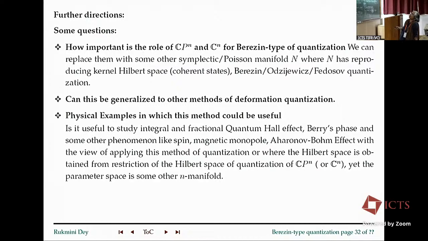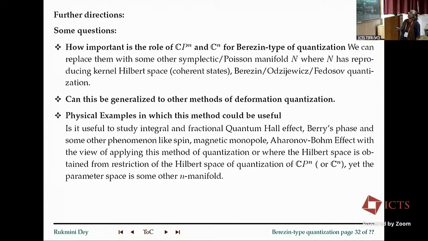Then we can talk about deformation quantization. Next, can this be generalized to other methods of deformation quantization? You know, Kontsevich's deformation quantization is there. That's way more difficult. These are simpler than that, but we are trying it for that also.